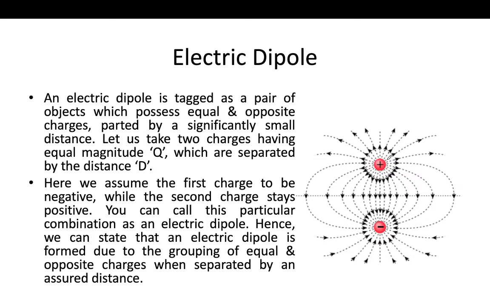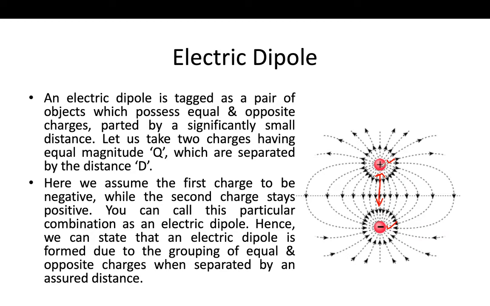For example, this is a positive charge, this is a negative charge. These are two objects or charges placed at this distance, and they are emitting or generating an equal number of charges.